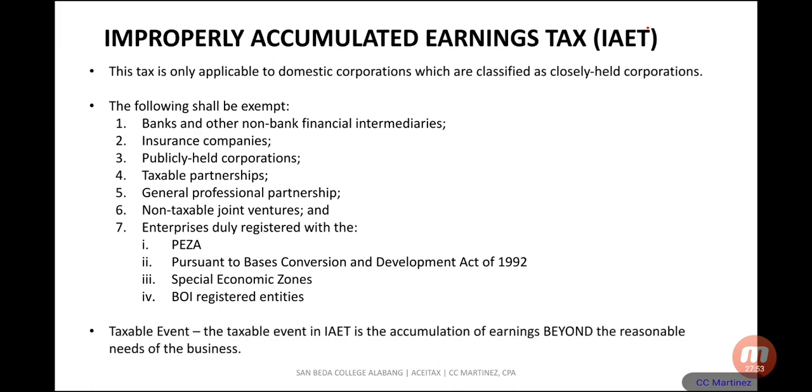So, taxable event in IAET is the accumulation of the earnings beyond the reasonable needs of the business. So, when we say beyond reasonable needs of the business, ito yung mga talagang excess dun sa kailangan ng business. So, dapat hindi mag-accumulate or hindi dapat mag-keep ng sobra-sobrang earnings yung corporation.